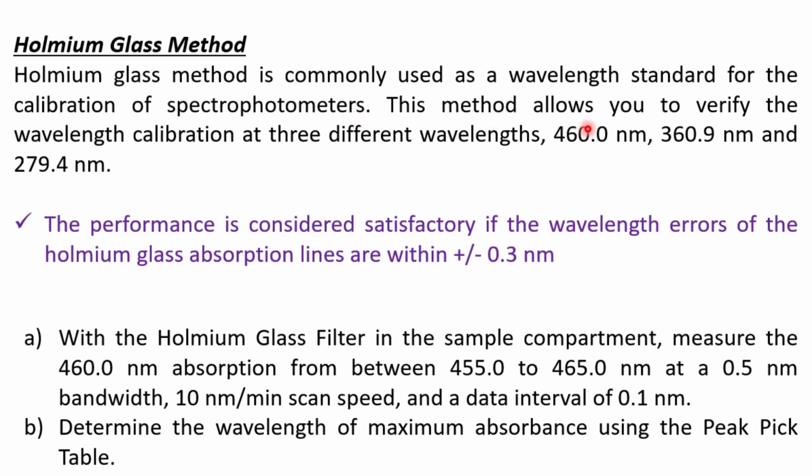This method allows you to verify the wavelength calibration at 3 different wavelengths. So you calibrate your instrument at 460 nanometers, 360.9 nanometers, and of course 279.4. So the wavelengths are spread across the UV-Vis ultraviolet visible range.